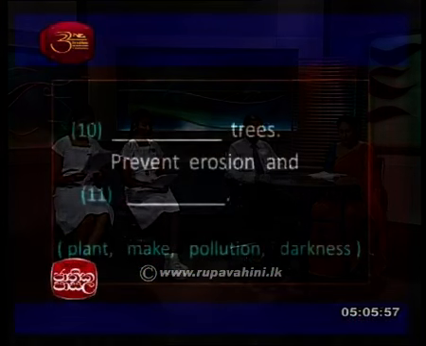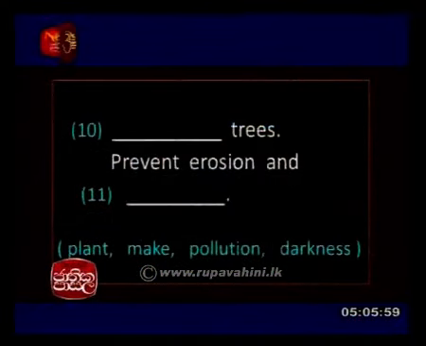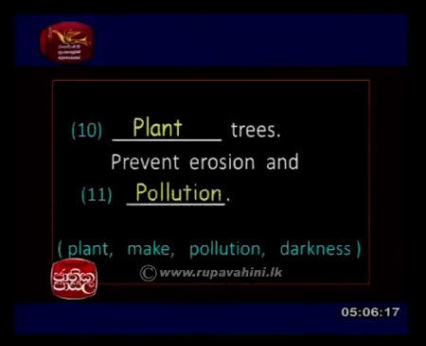Yes, Andrea? Blank trees prevent erosion and blank. Right. What are the words given? Plant, make, pollution, darkness. Right. Let us fill the blanks. Plant trees prevent erosion and pollution. Right. Now, can you tell me this word plant?